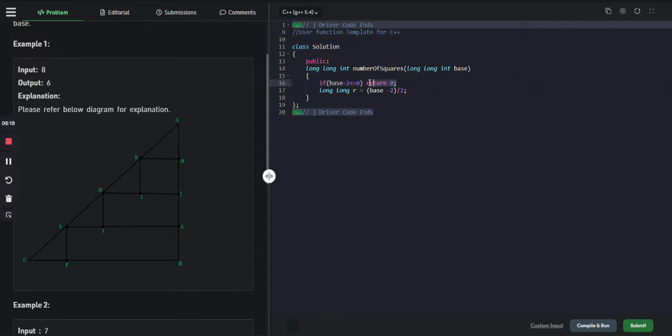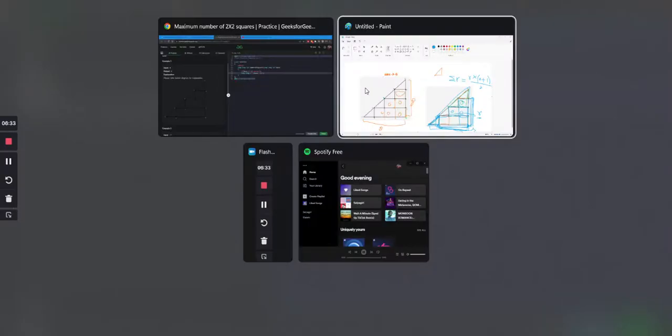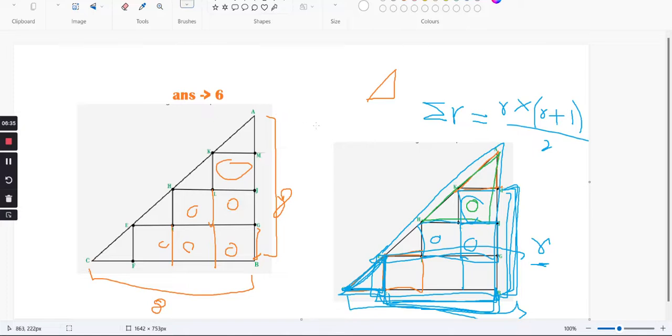So I'm just writing this condition separately. Now for the rest of the cases, we are sure that our base will be of length greater than 2. Now this was an even length base.